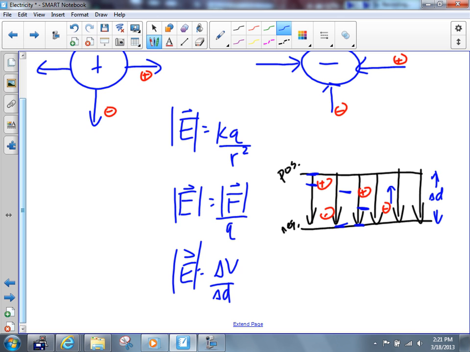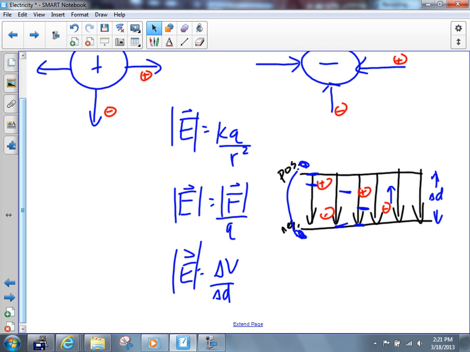The potential difference is analogous to that. It's the difference in energy per coulomb of charge. You've got a certain amount of energy per coulomb of charge up here and a certain amount down here. The difference between those two spots is the potential difference. We'll talk more about potential difference later this week. I just want you to have a basic grasp of what it means right now so that we can do these problems.